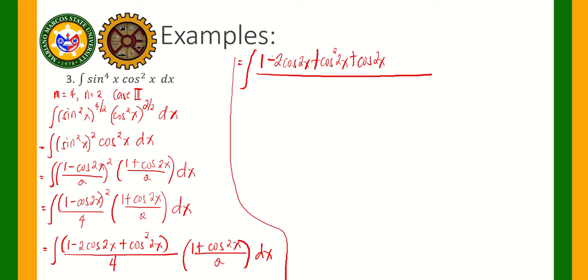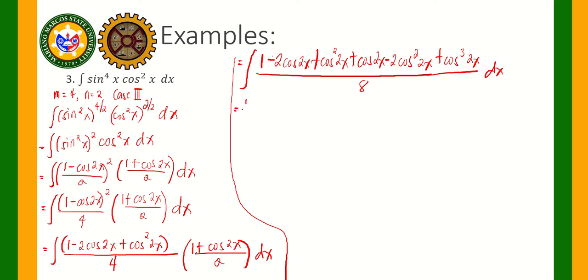Okay, so negative 2 cosine 2x times cosine 2x, that will be equal to negative 2 cosine squared 2x. And then the last one, that will be equal to positive cosine cube 2x, all over 4 times 2 is 8 dx. So we can isolate si constant.